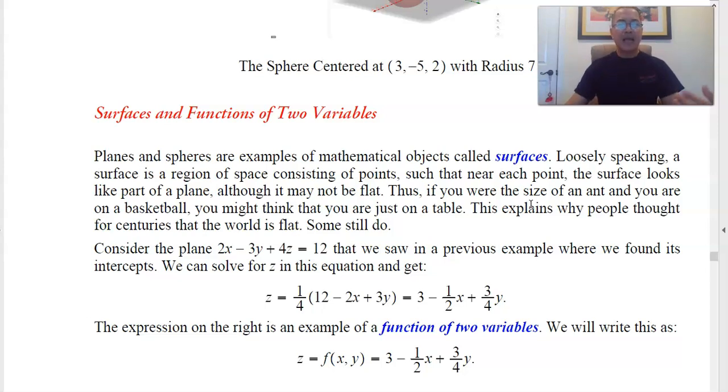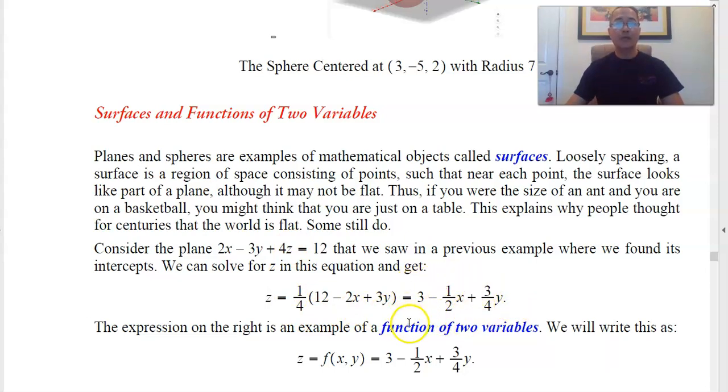How can we think of a surface algebraically in terms of what are called functions? Here's an example of a Cartesian equation for a plane, and we can solve for z. Bring the x and y to the other side, divide everything by 4, distribute if you want to.